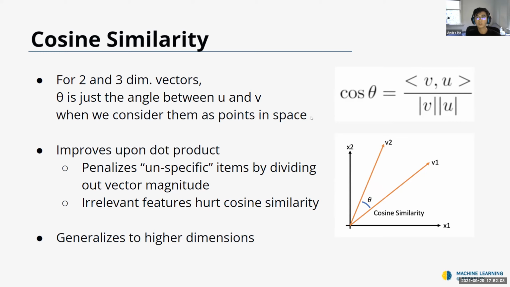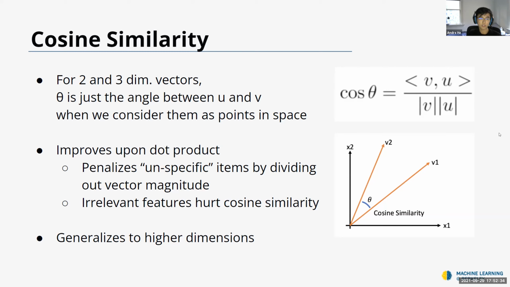And how we get that is using this formula. So the dot product of two vectors divided by their respective magnitudes actually gives you the cosine of this theta angle between the two vectors. And then because cosine is monotonic, we can just use this as a measure of how aligned they are.